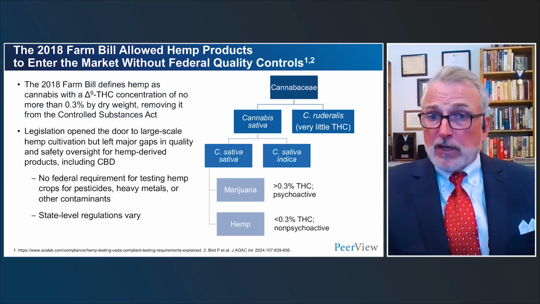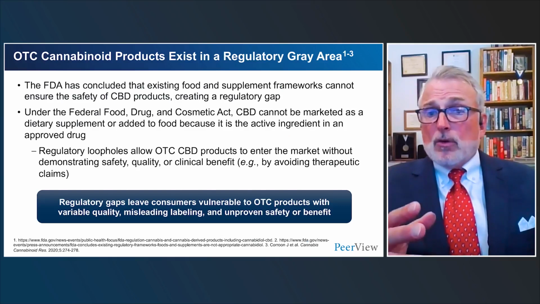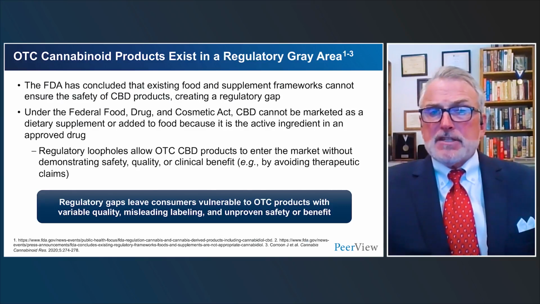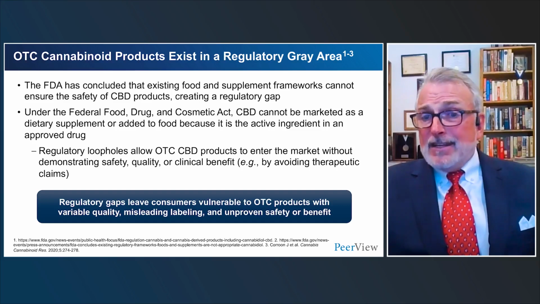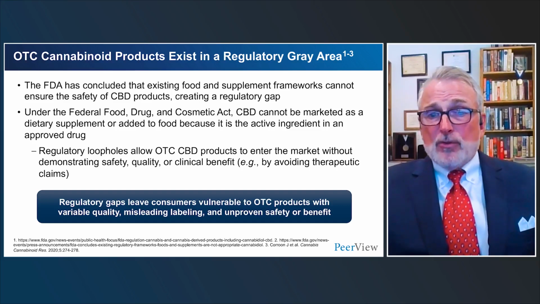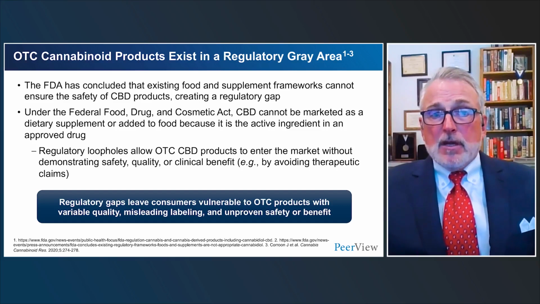Unregulated over-the-counter sale. Well, these over-the-counter cannabinoid products exist in a regulatory gray area. The FDA does not regulate them, although they say that they cannot be called a food or dietary supplement because they haven't been proven for safety.